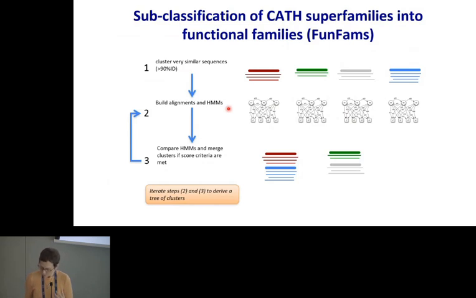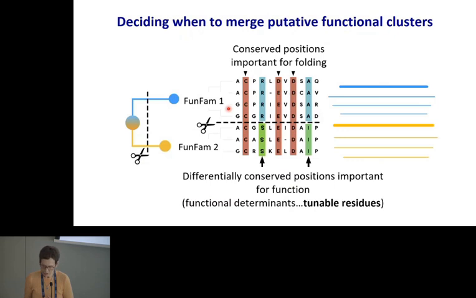And a major part of this algorithm is deciding when not to merge clusters. And because we're interested in functions and functional sites, we don't want to merge clusters that have different functional sites.